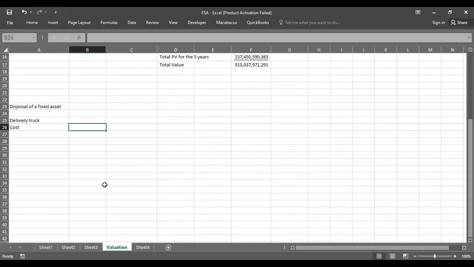Maybe it was 5M. Then you ask yourself, how much is the estimated depreciation at the date of disposal? Assuming it was 4M. Then the other thing you ask yourself is, what are the proceeds? How much are they offering you for this item you're disposing of? Assuming the cash proceeds, maybe they're offering you 2M.